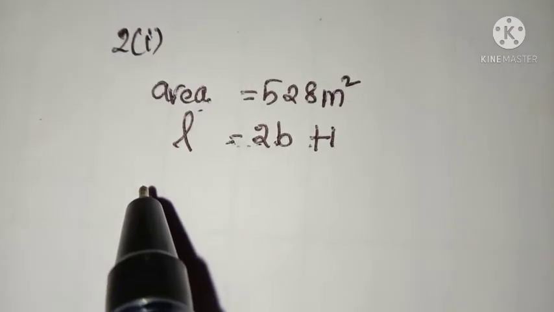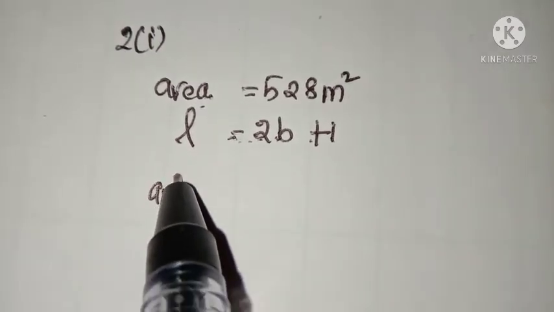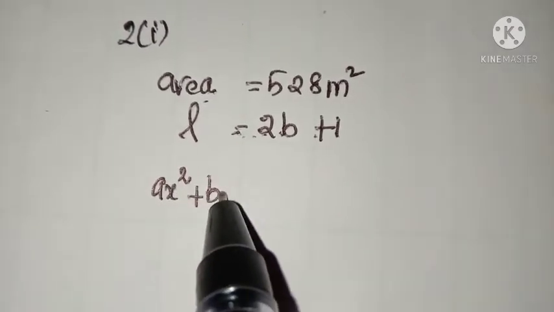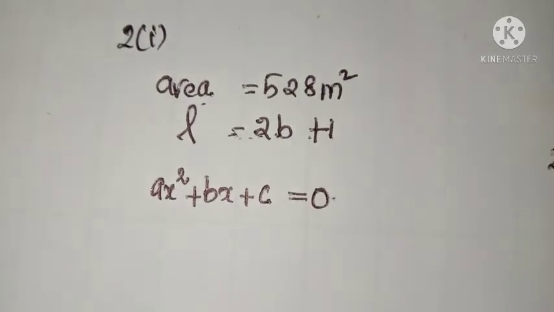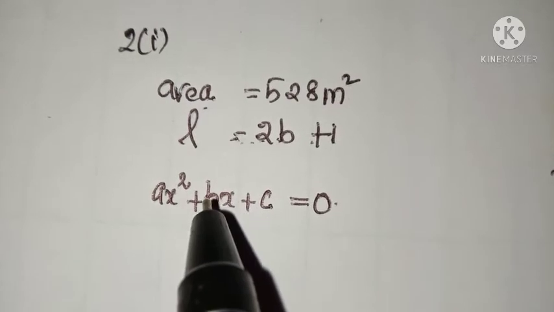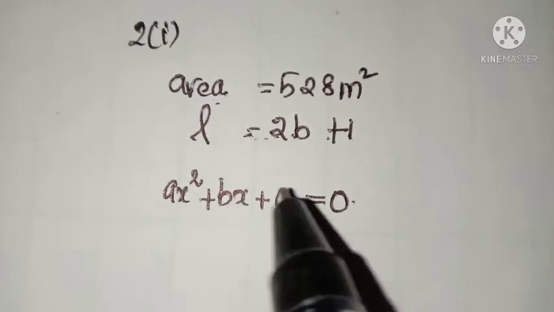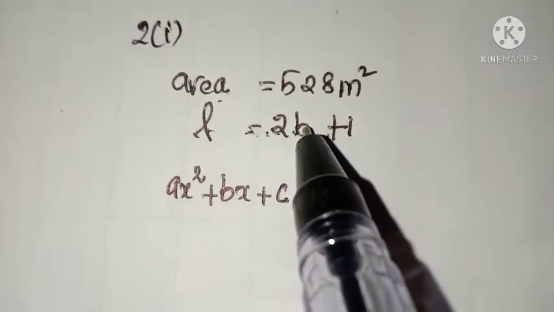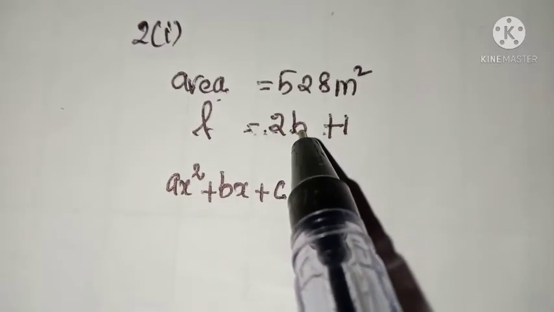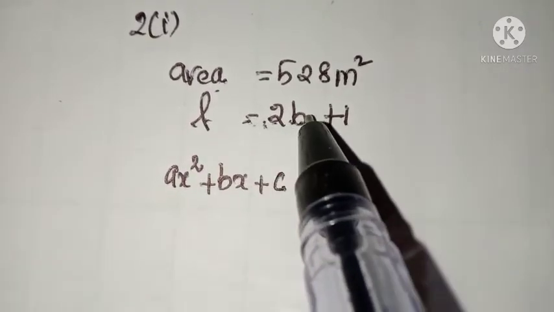Listen children, what is the general form of a quadratic equation? ax square plus bx plus c equal to 0. So we have to introduce the variable x. Length is given in terms of breadth.